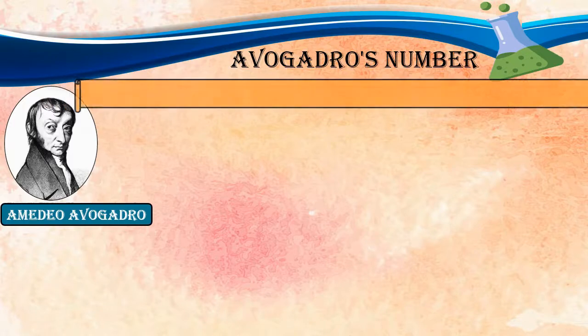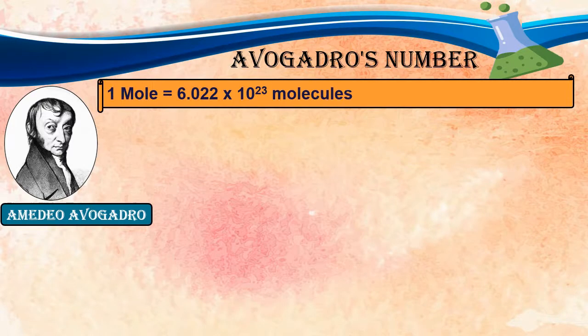He found that 1 mole of any substance contains 6.022 into 10 raised to 23 molecules of that substance. Therefore, the number 6.022 into 10 raised to 23 is also called Avogadro's number and it is denoted by the symbol Na.